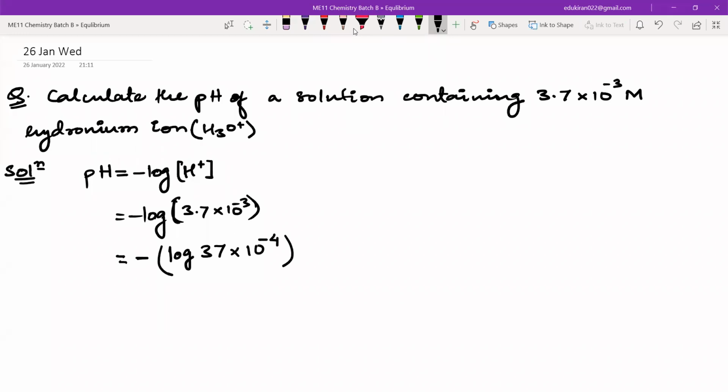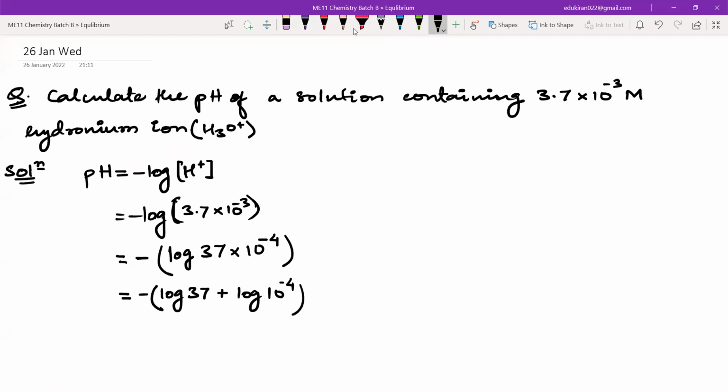So we write it in terms of a whole number, then in terms of multiples of the whole number, and after that we can use the product rule. Now, I can write this as minus log of 37 plus log of 10 to the power minus 4.